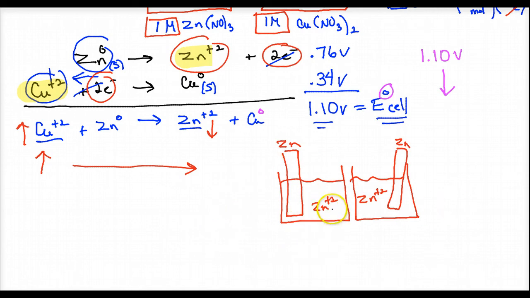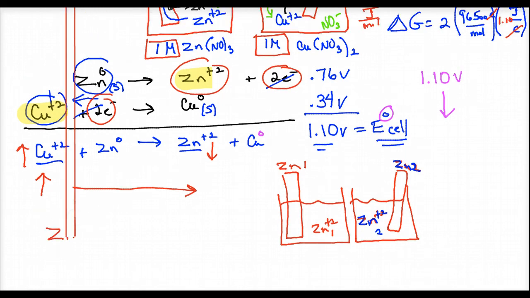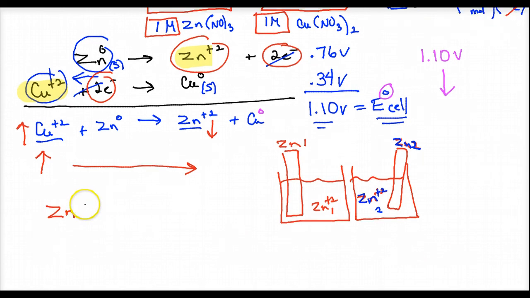So let's make this zinc 1 and zinc 2. This is zinc 1. This is 2. And make this 2 blue. So zinc 2 is blue, zinc plus 2. So let's pretend I've got the red zinc 1. And what am I going to do here? Let's pretend it oxidizes into zinc plus 2 and 2 electrons.